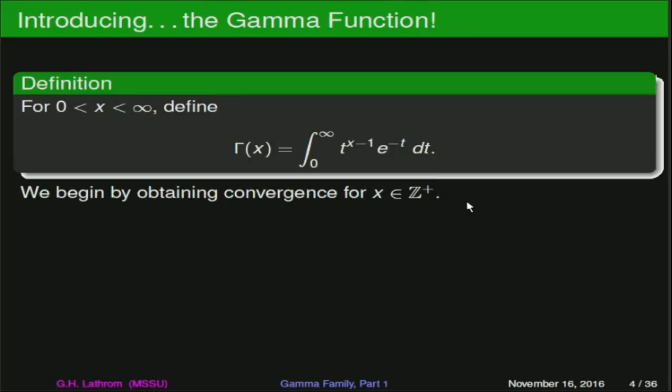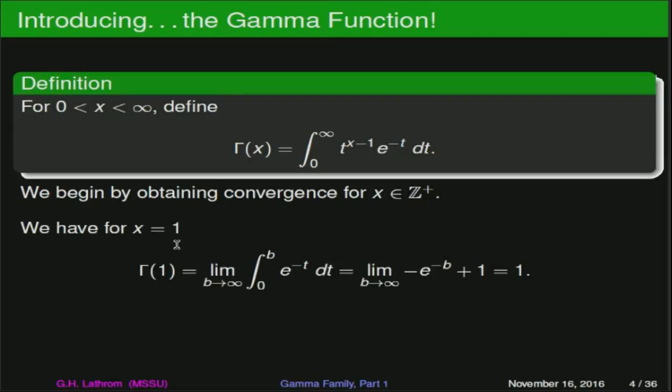If we let x equal 1 and plug 1 in for x, then we get the integral from 0 up to b of e to the negative t dt. We then take the limit as b goes off to infinity, and sure enough, we get a finite value of 1. So that tells us that gamma of 1 is 1.